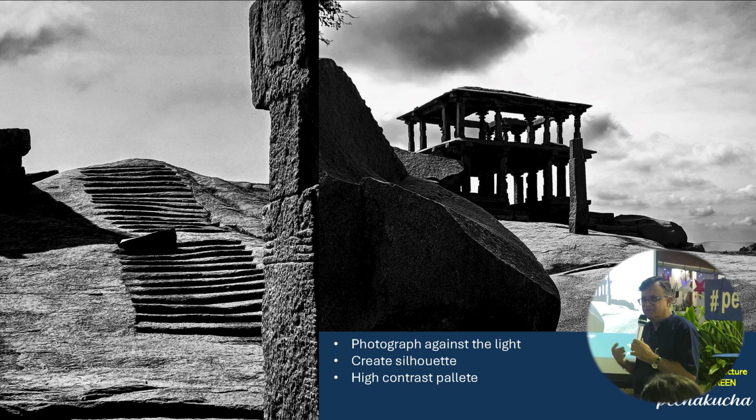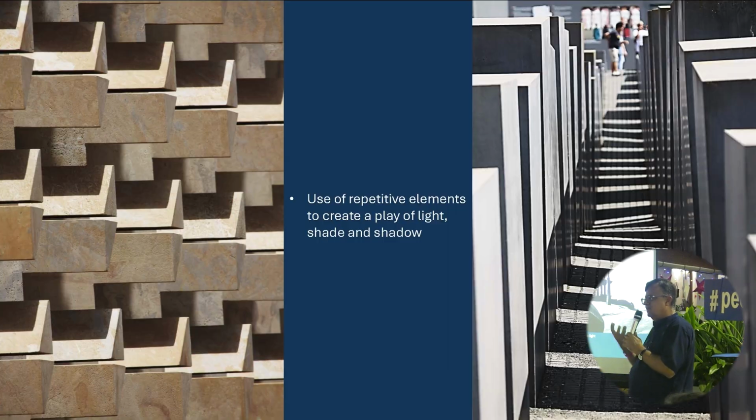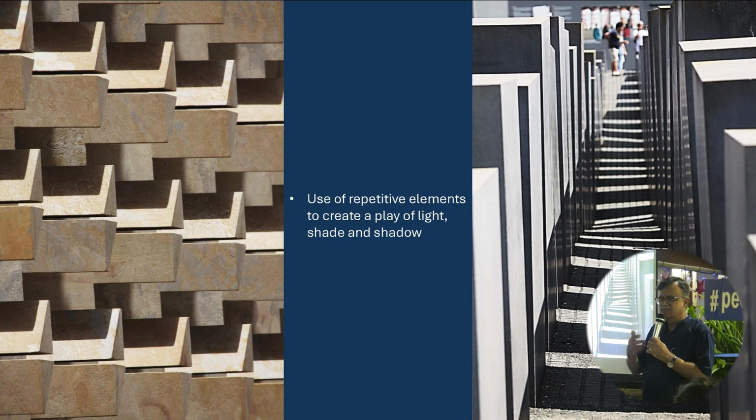Now we've all been told as photographers not to shoot against the light, but I find that like these two images of Hampi, you get the silhouette and the skeleton of the structure, negating the other aspects, but then you see what exactly the building is made of, the bones. And we've used items like precast concrete elements, repeated columns, to create that drama and the play with light, shade, and shadow, to create that little bit of mystery that happens in all great buildings.